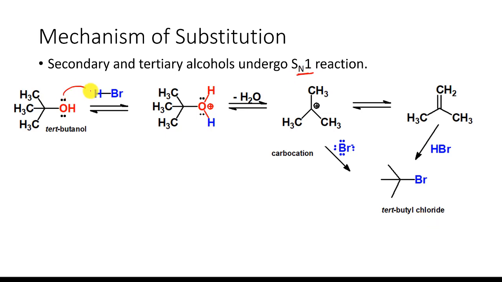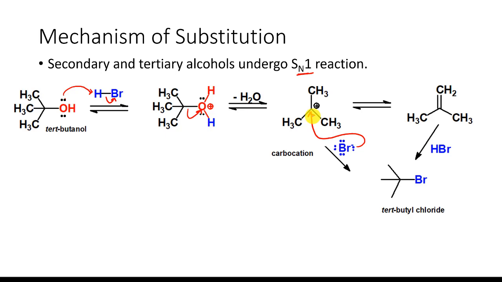You can protonate. The arrow goes like this, right? And now I have the formation of this protonated alcohol, and this bond can break. And in a tertiary or secondary alcohol, the carbocation is stable enough that it'll form, and then the nucleophile can come in and attack.